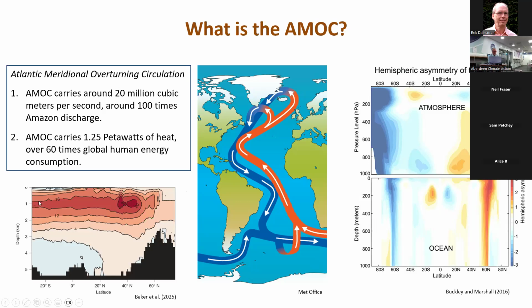And what we're seeing, these black contours, are the streamlines. These are the lines that the ocean circulation flows along. And we can see that we're flowing northwards towards the surface, and then it's going down when we get to these subpolar latitudes, and then back again. So it's this concept of overturning, really.